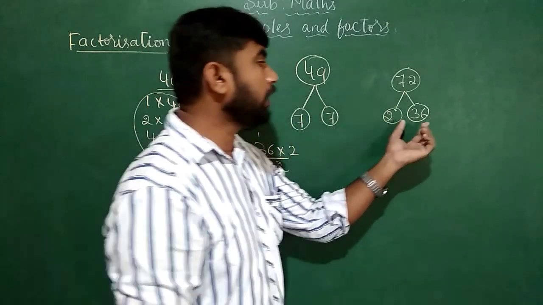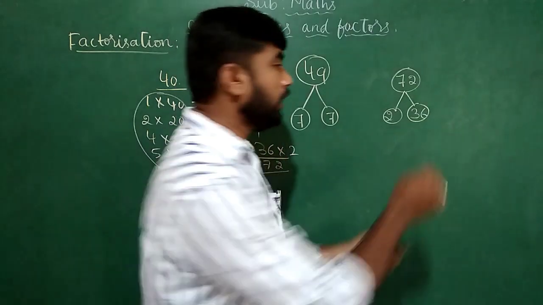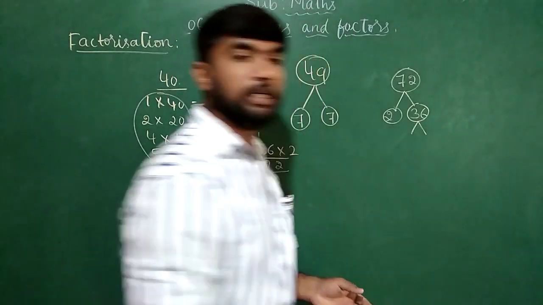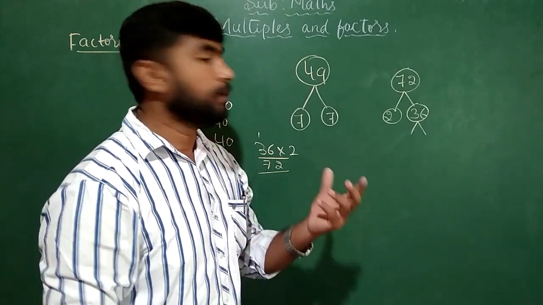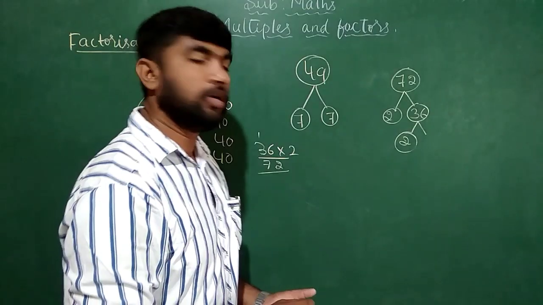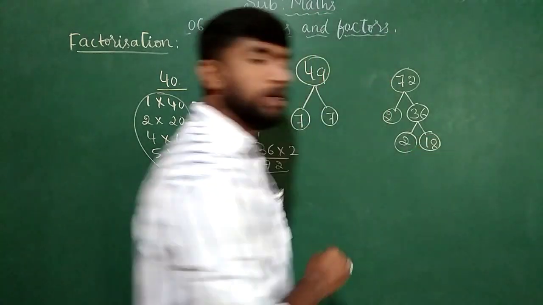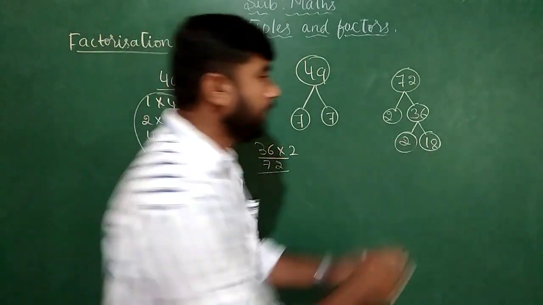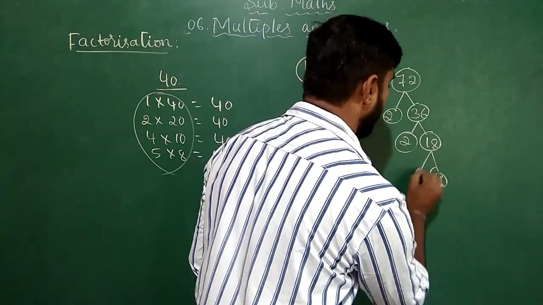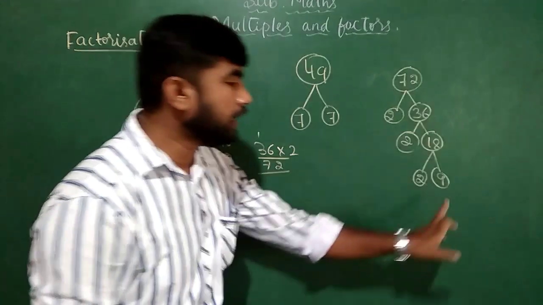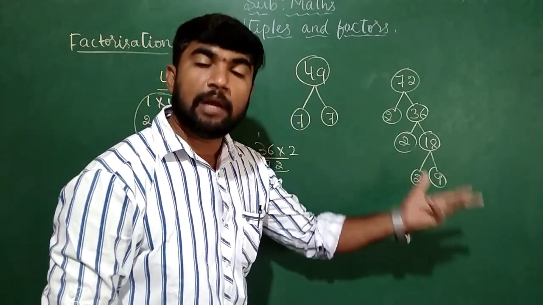Again we got two values, 2 and 36. Again we want to check the prime factors. 2 times how much is 36? 2 eighteens are 36. Again we got two values. Next, 2 times how much is 18? 2 nines are 18. But here 9 is an odd number, so 9 is not a multiple of 2.